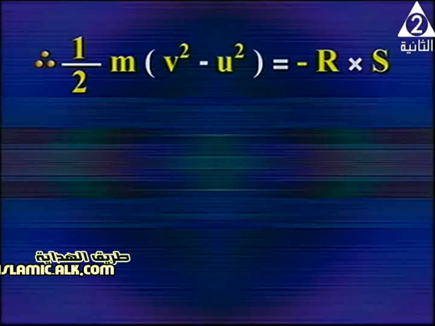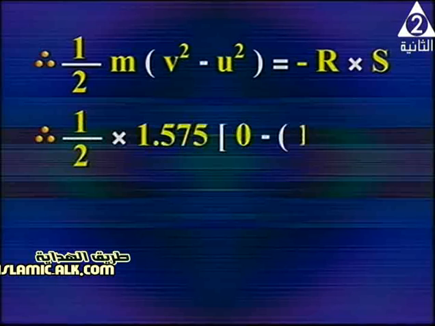By using this rule, we have m multiplied by the bracket v squared minus u squared equals negative R times s. What is R? The resistance force. S is the distance, m is the mass, v is the final velocity, and u is the initial velocity.